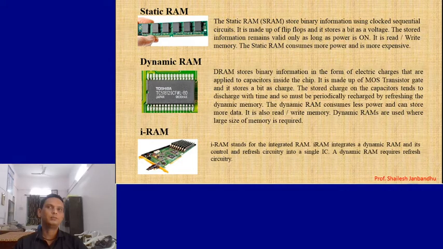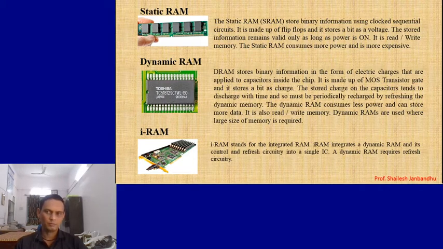When we use a mobile, its battery is discharged, and when it discharges, we should recharge it. In the same way, dynamic RAM also should be recharged. Dynamic RAM is used where a large size of memory is required.